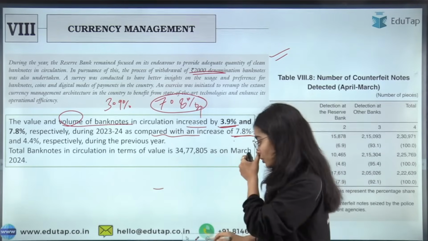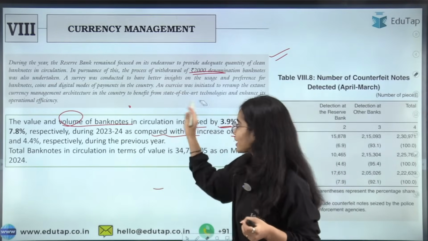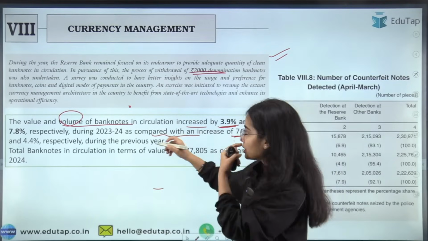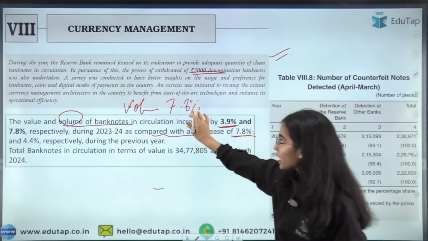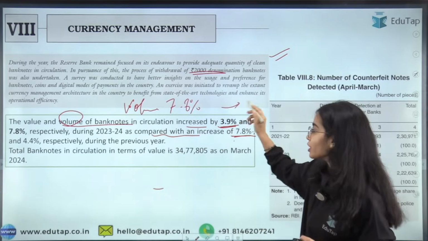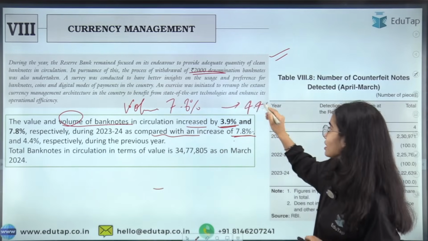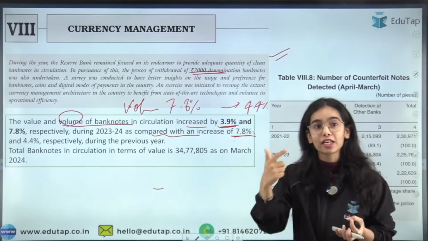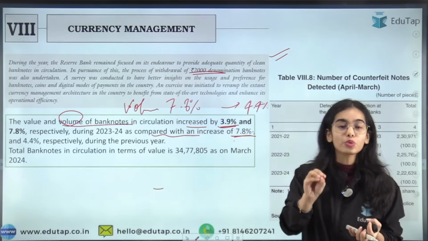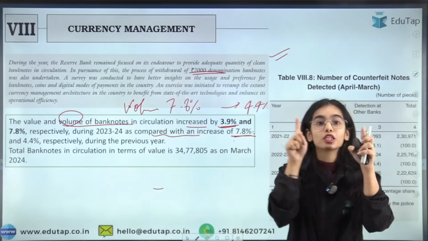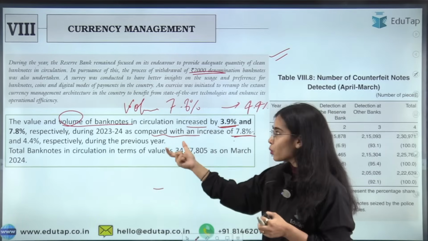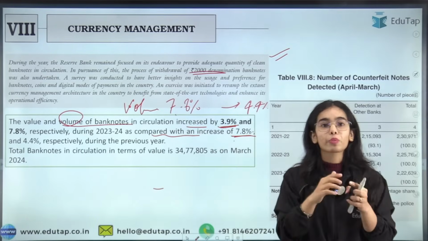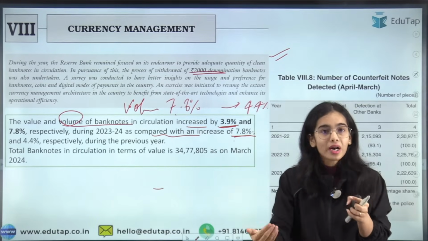Now, the second point that you have to understand here is that the volume of banknotes has increased by 7.8% in this financial year as compared to 4.4% in the previous financial year, because in 2022-23, the banknotes were also in the 2000 rupee format. But now in 2023-24, the banknotes are usually in the format of 500, 100, 200 notes, right?